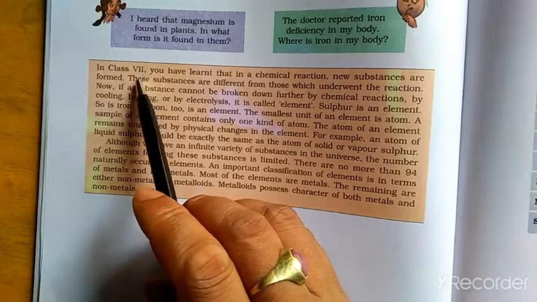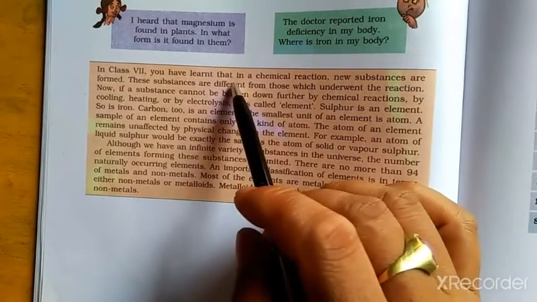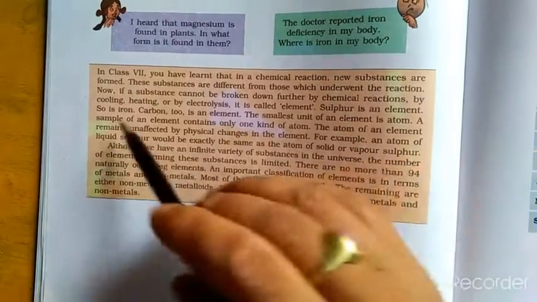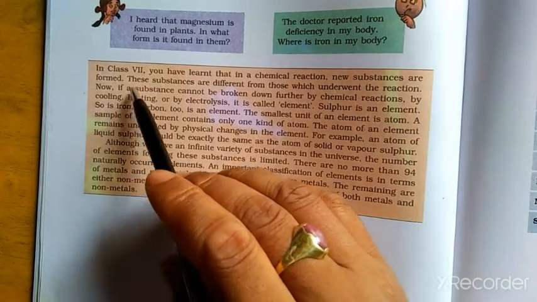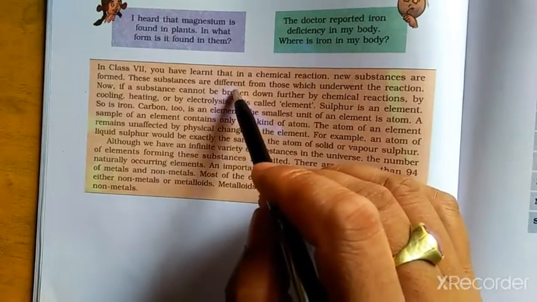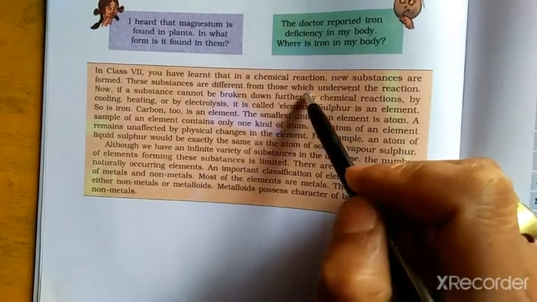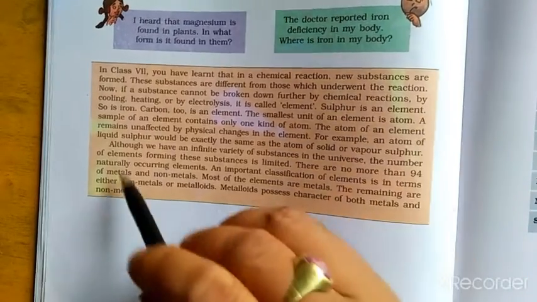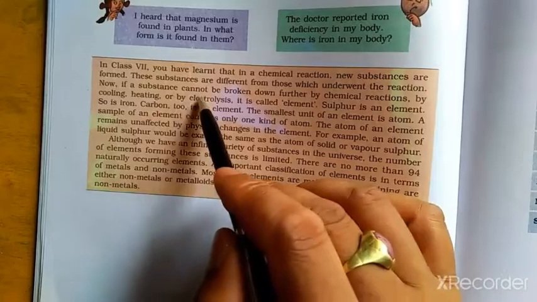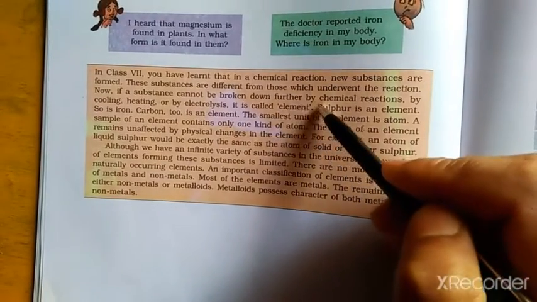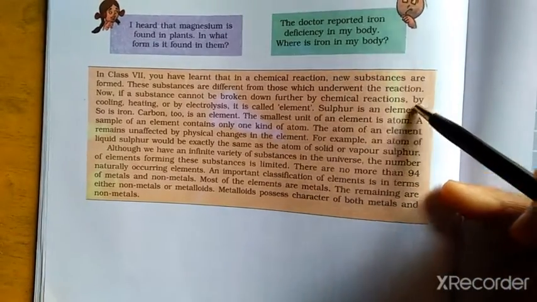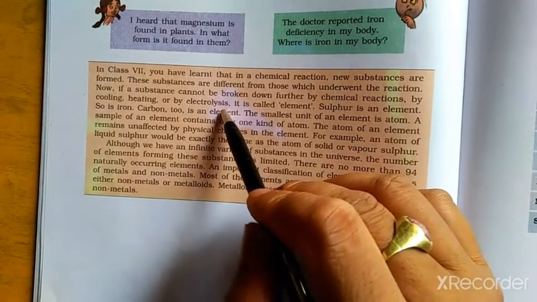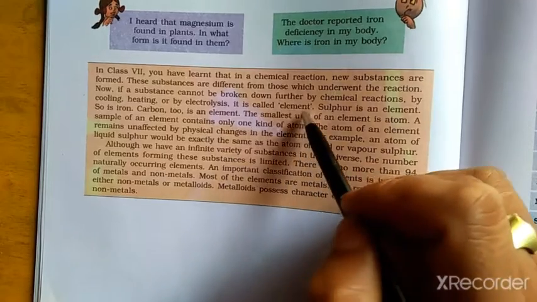In class 7, you have learned that in a chemical reaction, new substances are formed. These substances are different from those which underwent the reaction. Now, if a substance cannot be broken down further by chemical reactions, by cooling, heating, or by electrolysis, it is called an element.